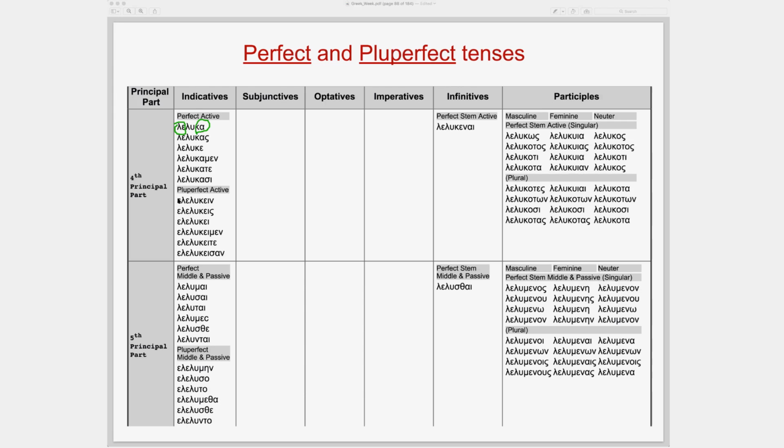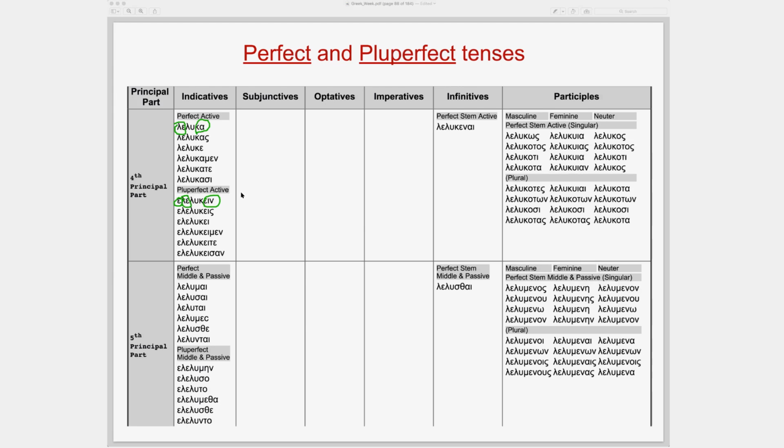So it's not luka, it's leluka for perfect. And then when you go to pluperfect, you've got e, le, lu, ka, and some suffix.